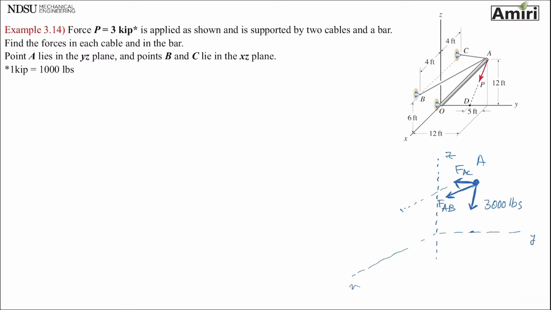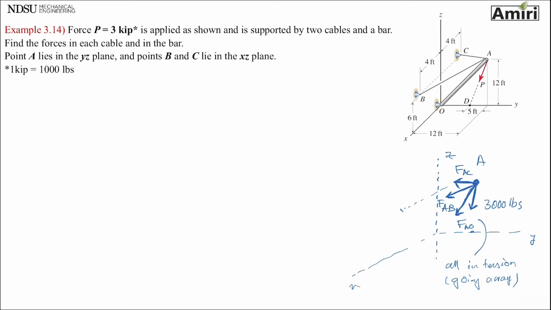And last, I have a force AO that goes toward the origin. Because these are unknown, I drew all of them in tension, going away from point A, pulling on point A.